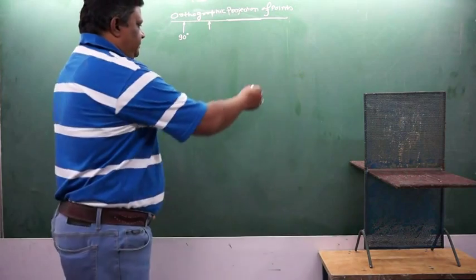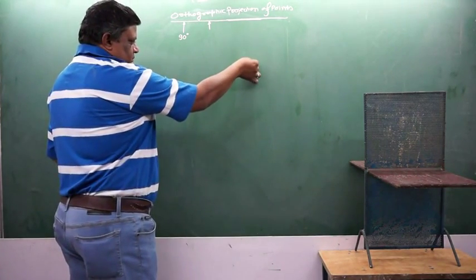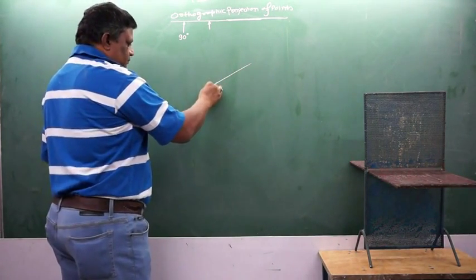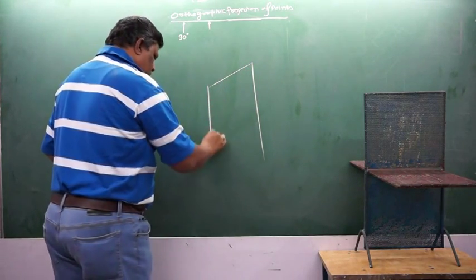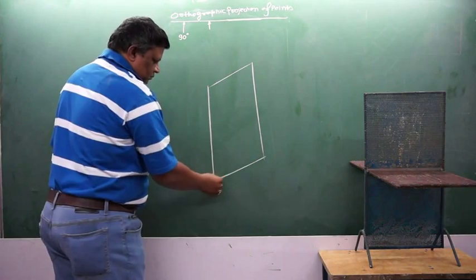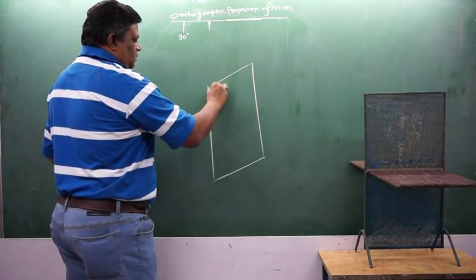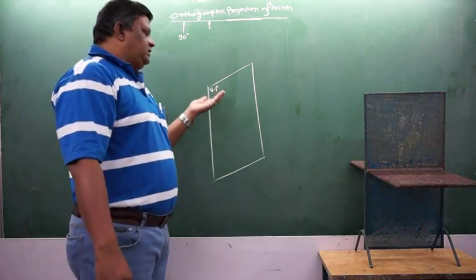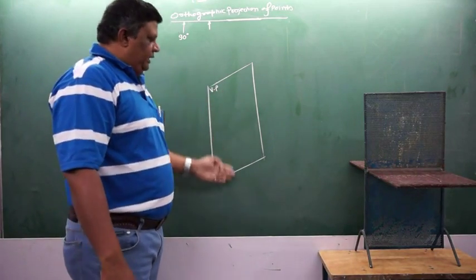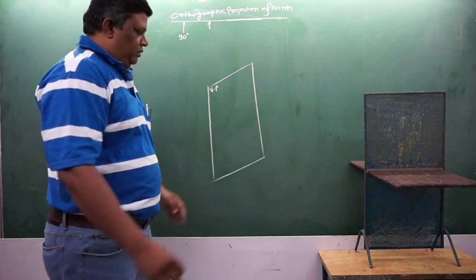Let's see it out here. Now this is a plane, the vertical plane, also called VP, which is simply perpendicular to the ground.